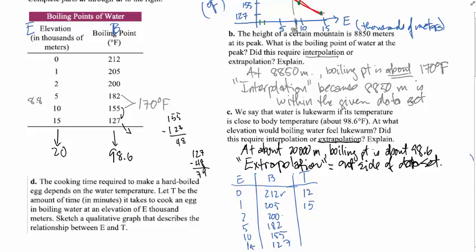And you go further up, it's still going to be kind of your temperature goes down. So now when you put the egg with a temperature of 200 degrees, it's going to take longer to cook, even longer. So it looks like our graph is going to be increasing. And then now there's a bigger dip between 200 and 182.